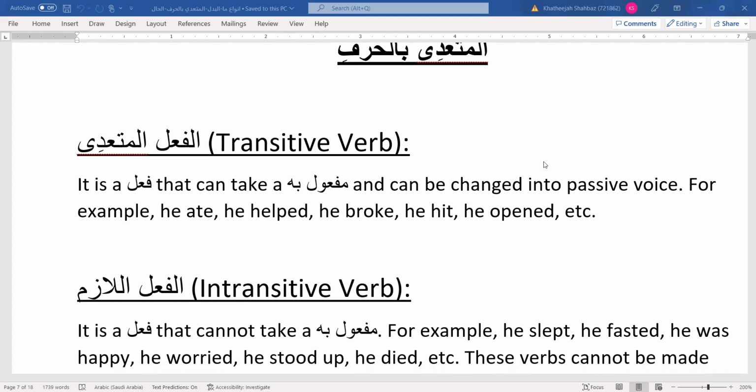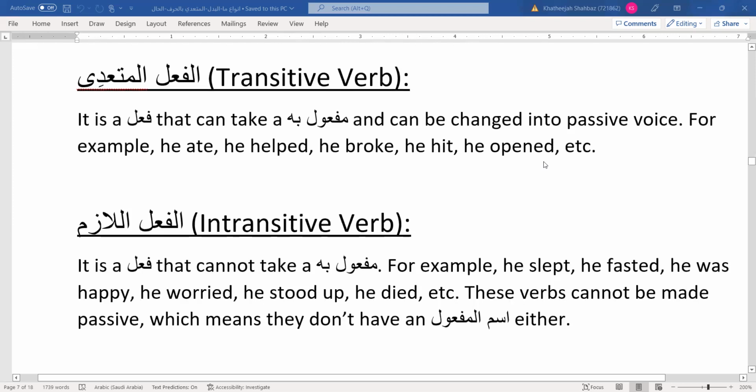So yesterday we learned what al-fail al-mutaaddi means and what is al-fail al-lazim. So briefly I will go over them again to refresh our memories. So al-fail al-mutaaddi, or which is called transitive verb in English, it is a fail that can take a maf'ul bihi, and it can also be changed into passive.